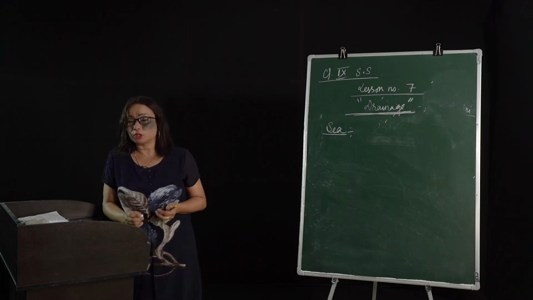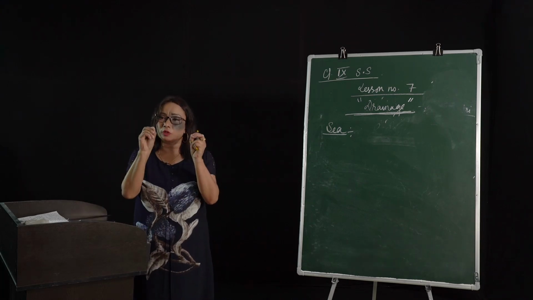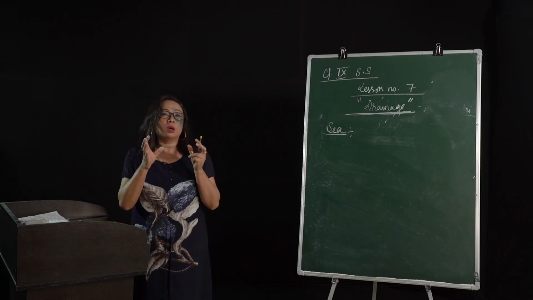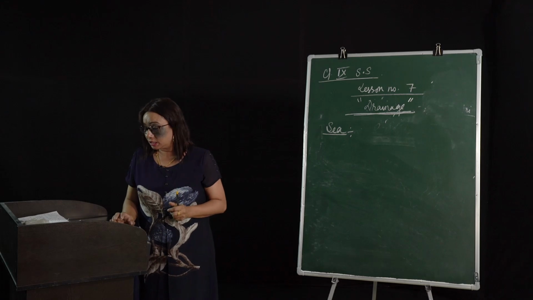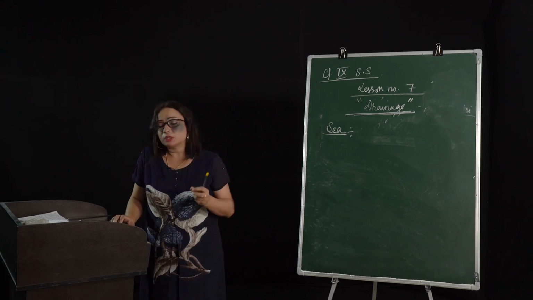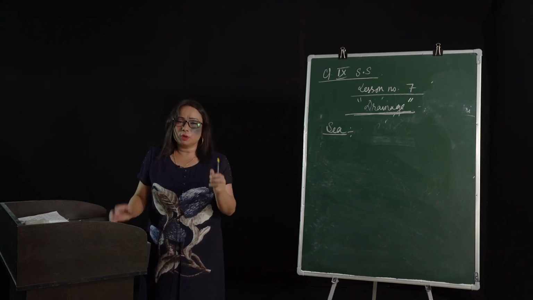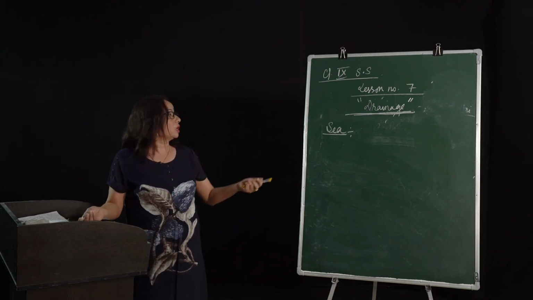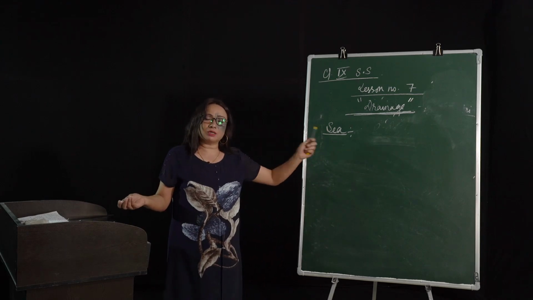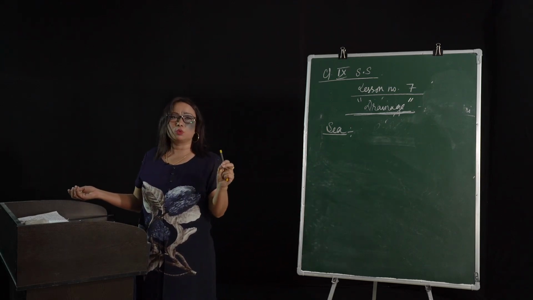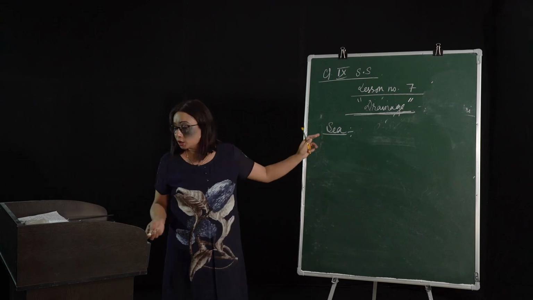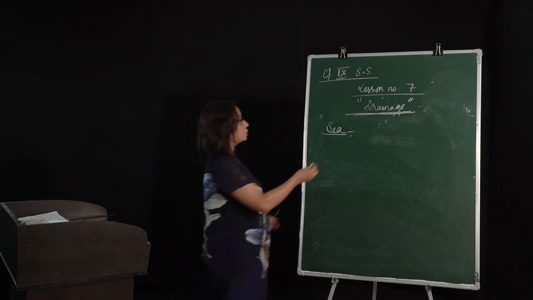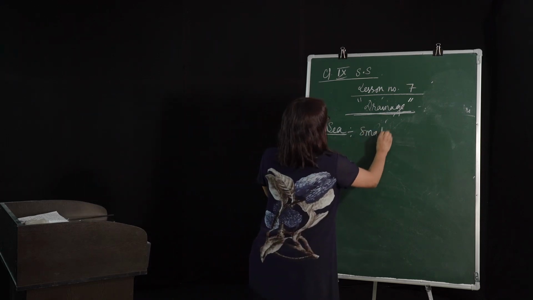But when we want to be particular or specific about what a sea is, a sea is a small body of water in the ocean. So, small bodies of water in the ocean are called seas. I will write here.